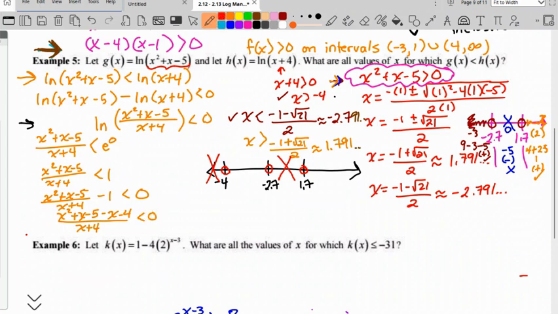Okay, then we're just going to combine a few like terms. That x and negative x cancel, and so that's going to give me, I'm just going to keep going down here on the page because we need a little bit more room, x squared minus 9 over x plus 4 is going to be less than 0.